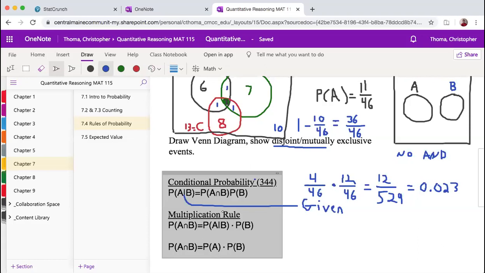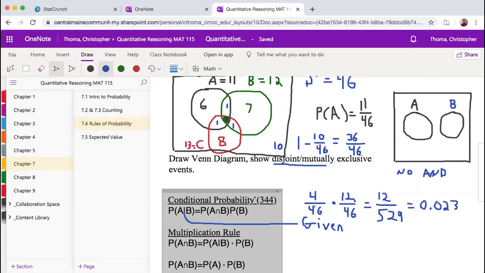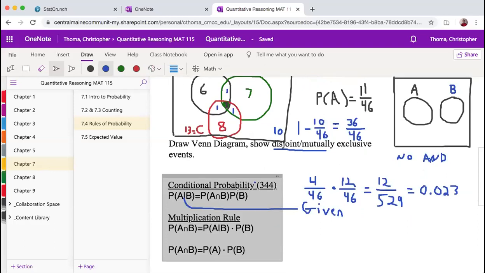Hmm. And then the multiplication rule, is it not working? Because it is 4 over 46 and 12 over 46. Does 4 go into 46? Yeah. It just looks weird. Yeah, it does. I was surprised by the numbers too. The multiplication rule, all this did was move things around. So it took the and and moved it to the other side, and then something's wrong with my formula here.